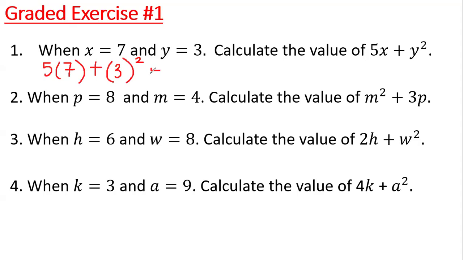What is 5 times 7? 35, very good. So it's going to be 35 plus, what is 3 squared? 3 squared is 9. Very good. So we have 35 plus 9, which is what? 44. 35 plus 9 is 44.